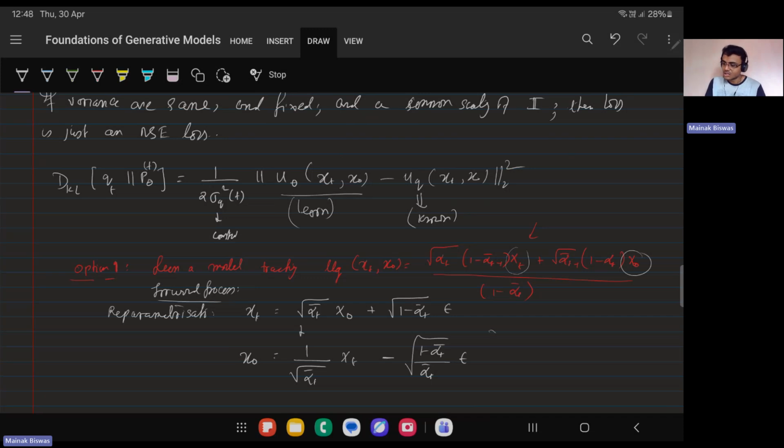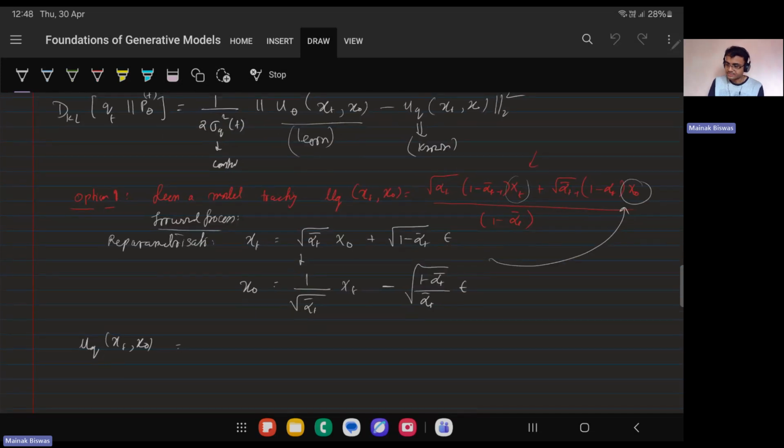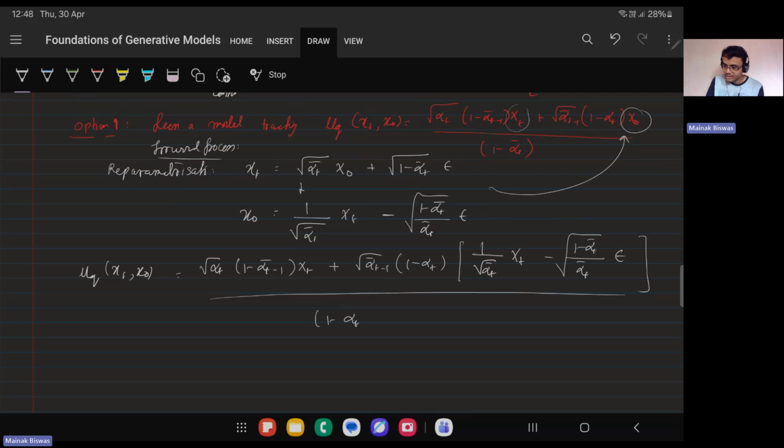And I'll put this value in this equation, right? If I put this value in the equation, what will I get? I'll get mu q of xt comma x0 as root alpha t (1 minus alpha t minus 1 bar) xt plus root alpha t minus 1 bar (1 minus alpha t) times (xt minus root 1 minus alpha t bar epsilon) by root alpha t bar, the whole divided by 1 minus alpha t bar.